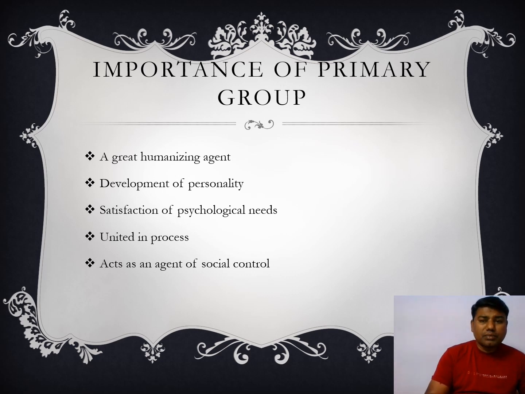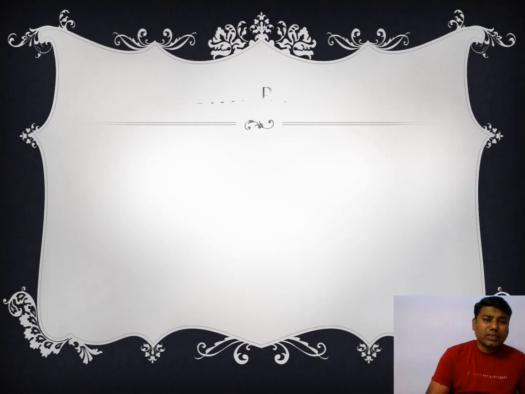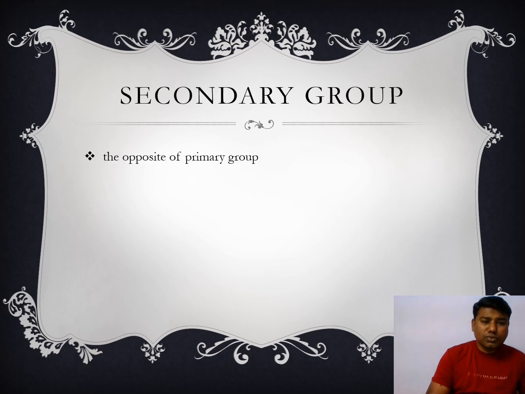So now I shall be talking about the secondary group. So secondary group can be called as just the opposite of primary group. Whatever I have talked about while discussing primary group, the opposite of primary group is secondary group.